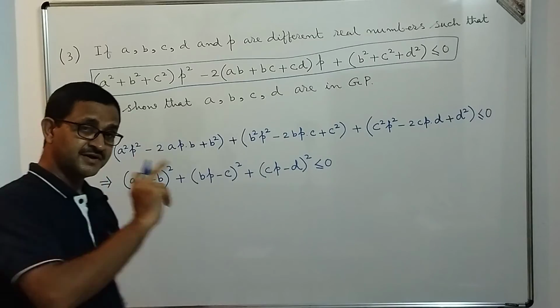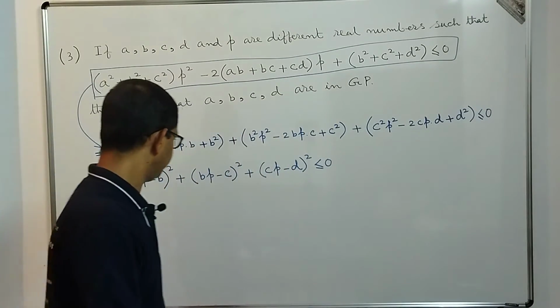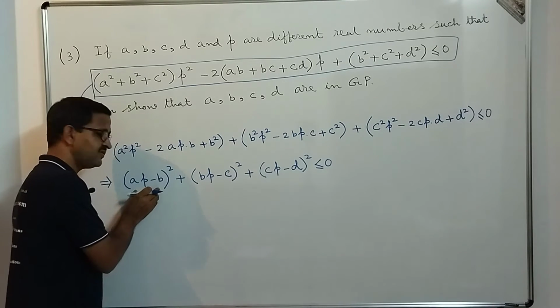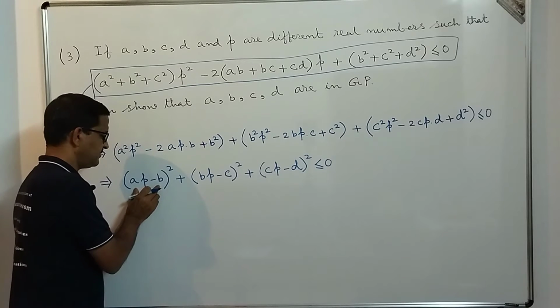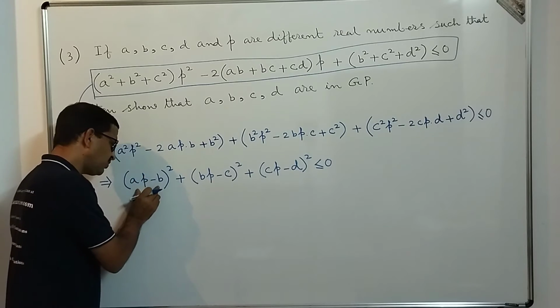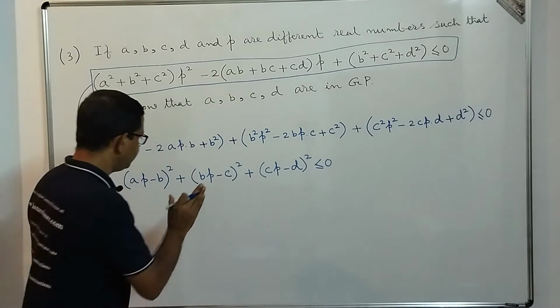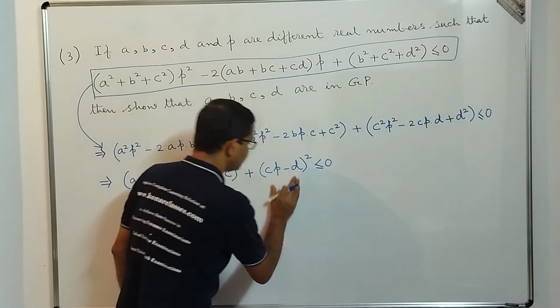Now let us understand and let us apply the concept of linear inequalities. This expression what you see, dear students, it is the square of a number. It should be always positive. It cannot be negative. It can be 0, but it cannot be lesser than 0. Correct, no? Similarly, this cannot be lesser than 0. This cannot be lesser than 0.